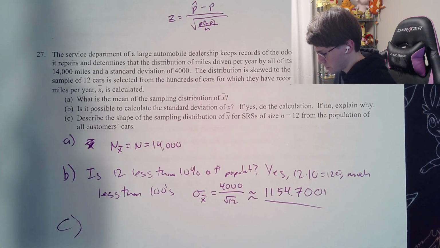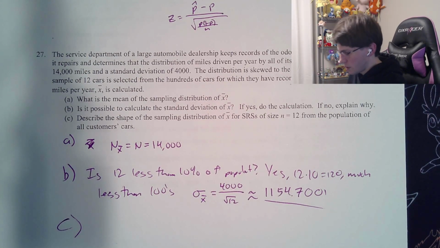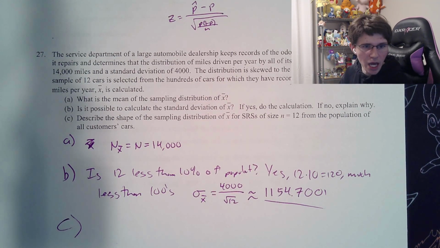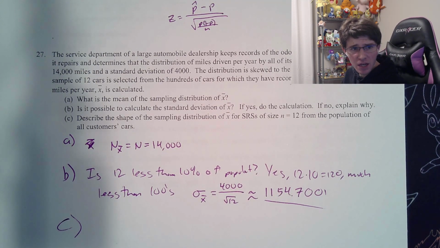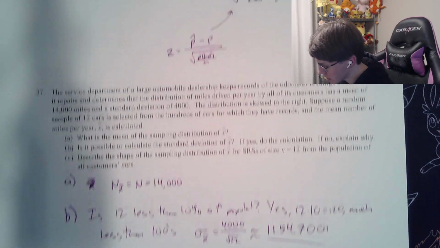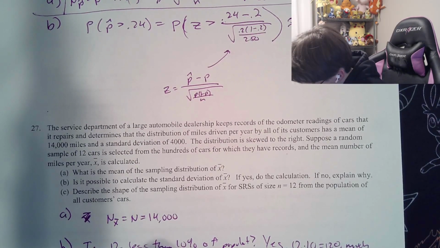Letter C. Describe the shape of the sampling distribution of all cars. Because n is not greater than 30, it is absolutely not normal. Instead, it is probably going to be similar to the original.